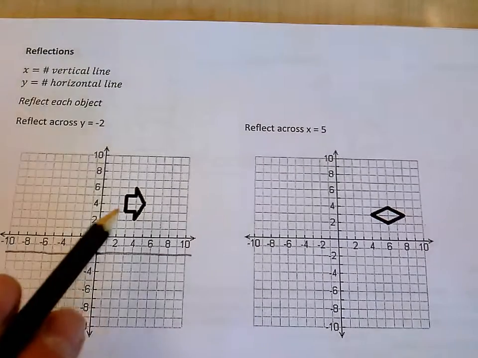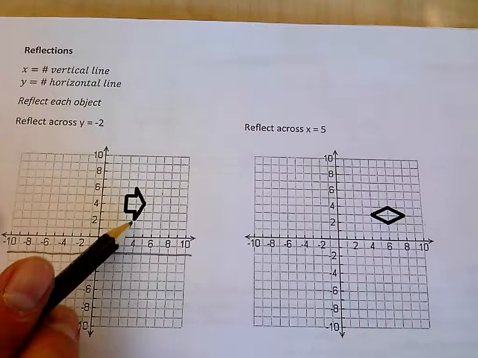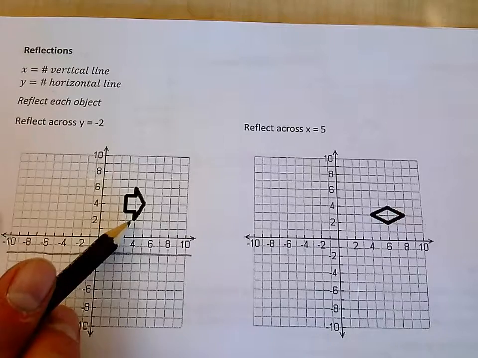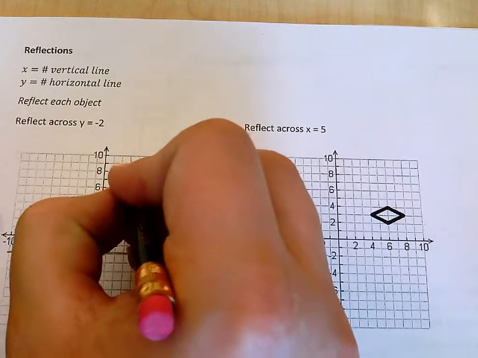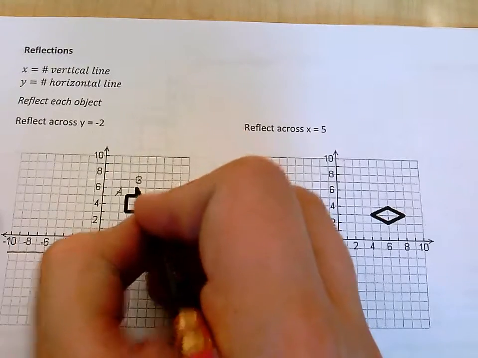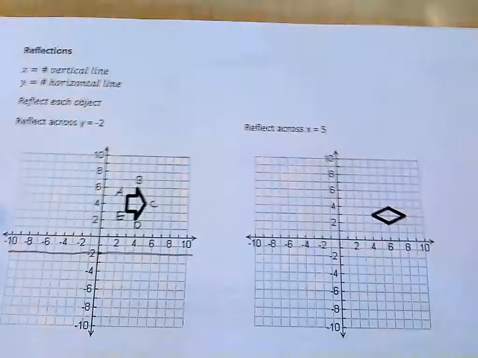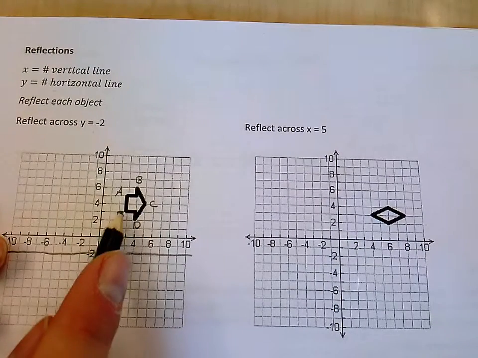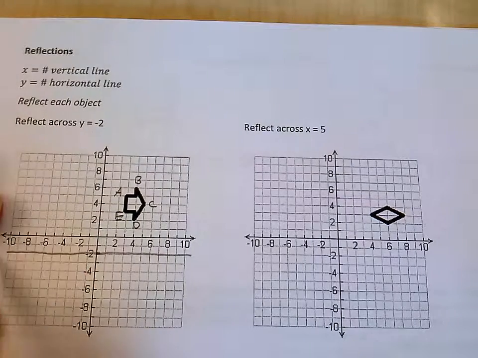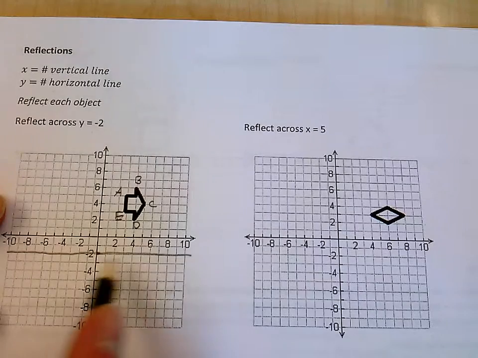Now, how do you reflect an object from here to over here using this line right here is you look at it. How far away is this object from the line? So, first I'm going to label this A, B, C, D, and E for a reason I'll show you right here. E is how far away from the line we created, not the x-axis, but the line we created.